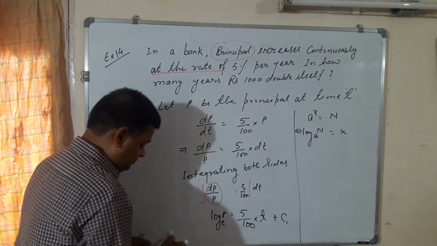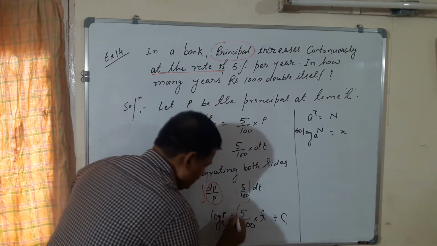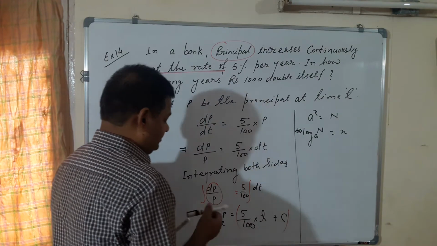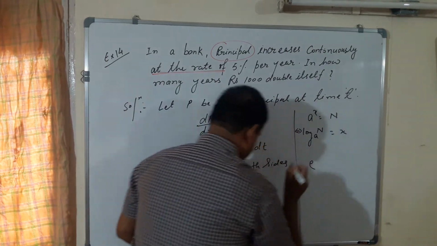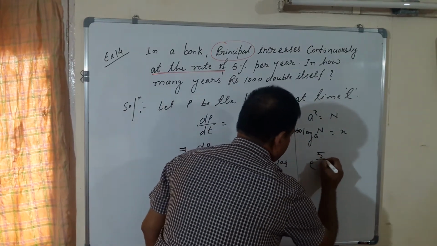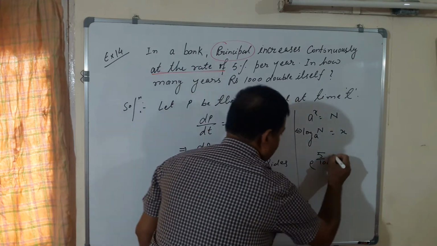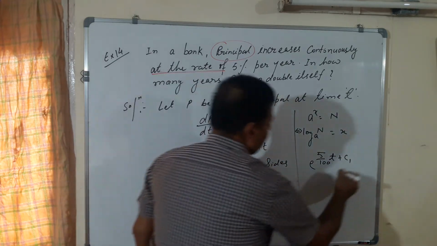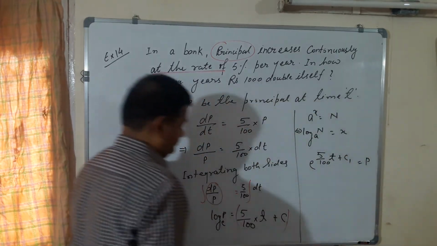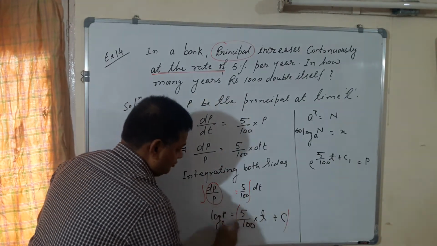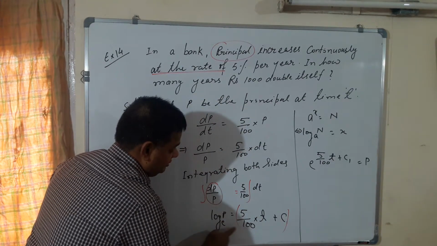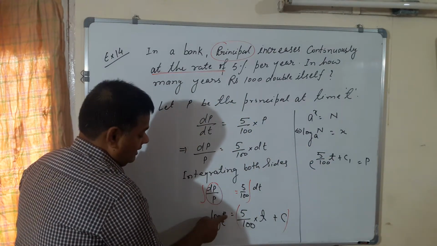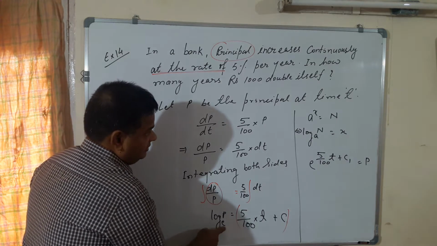So e raised to the power 5 by 100 t plus c1 is equal to P. This is n, so log n to the base e is equal to x.